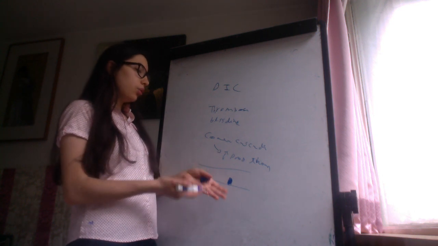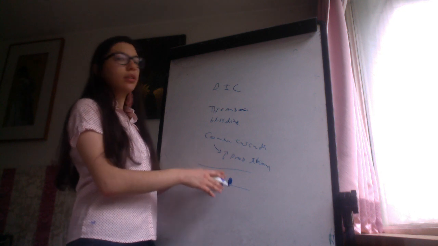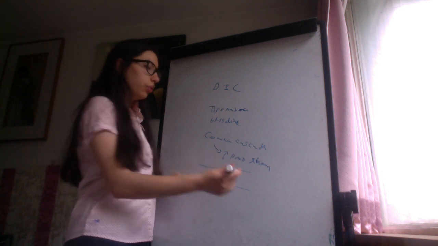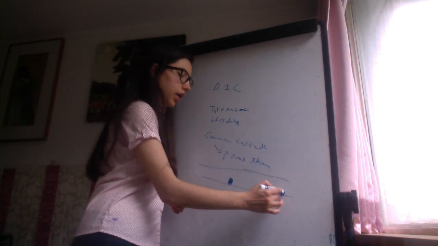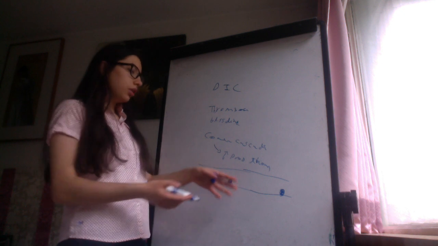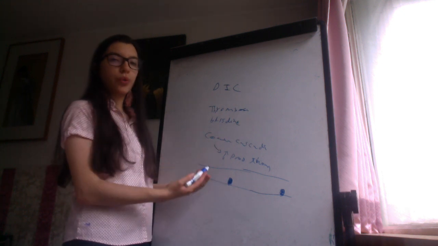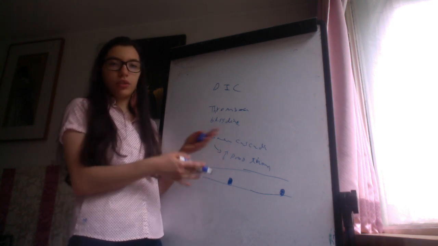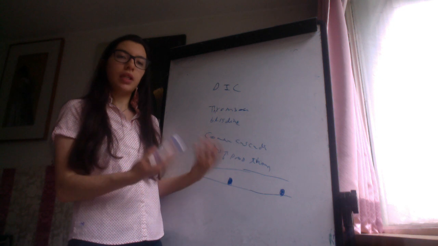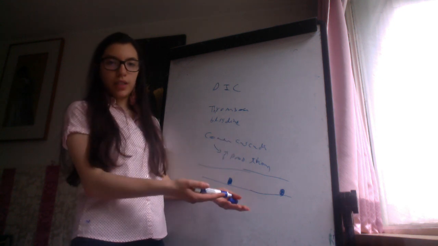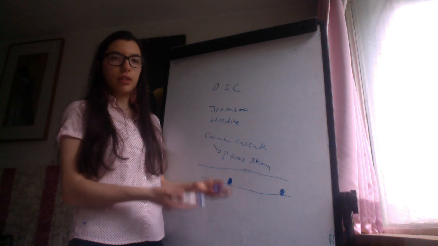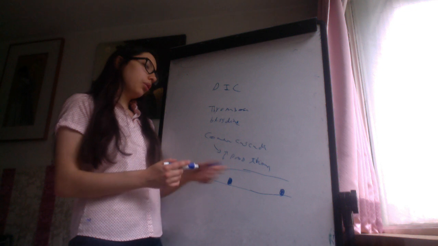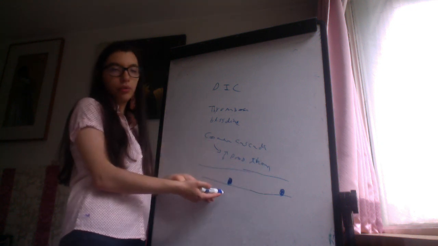This bleeding is due to the consumption of platelets and coagulation factors, which are not enough to go to the place in which they are needed. This is a consumption coagulopathy, because the patient first formed thrombi. There was no bleeding, and now that there is bleeding, the coagulation factors and the platelets are consumed. So the patient is bleeding and has thrombosis.